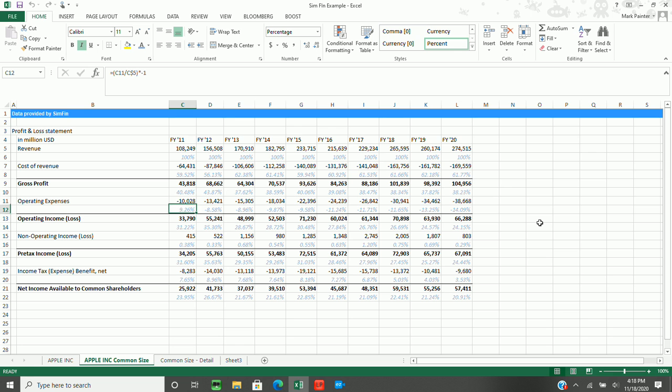Next here you have operating expense. And operating expense, the difference between that and cost of revenue, is going to include things such as marketing, sales, rent, inventory, research and development, administration and general expenses. And so these are other parts that are used to operate your business.